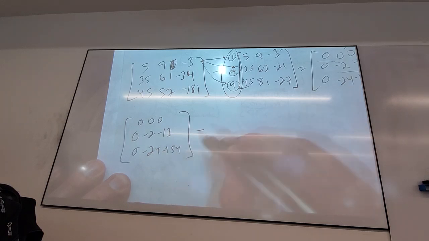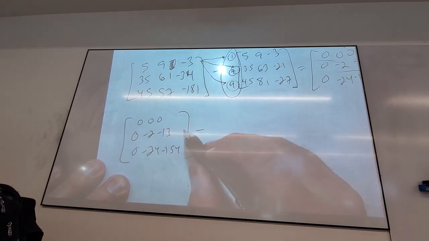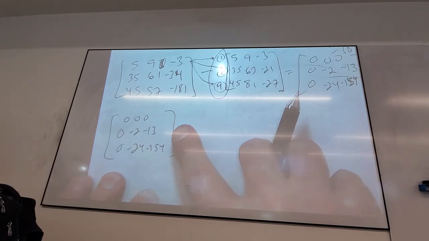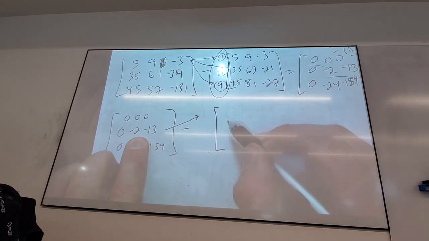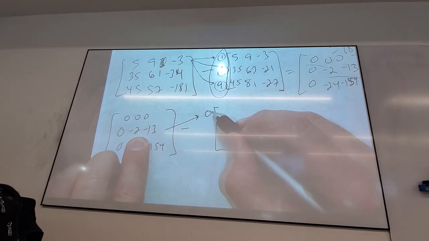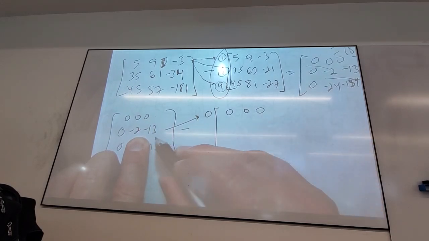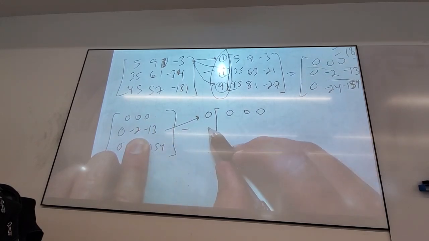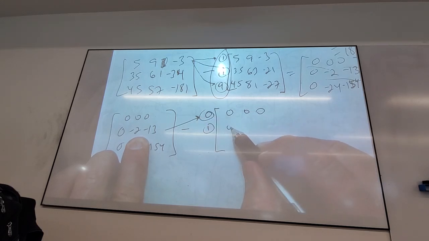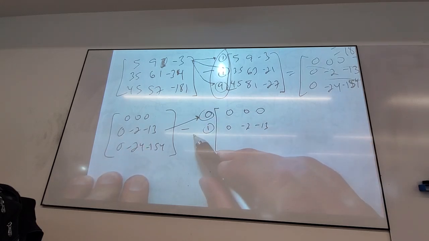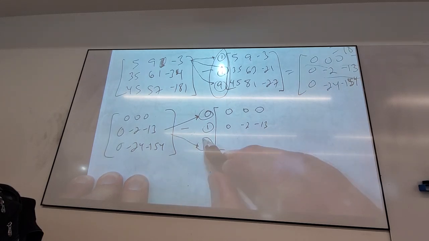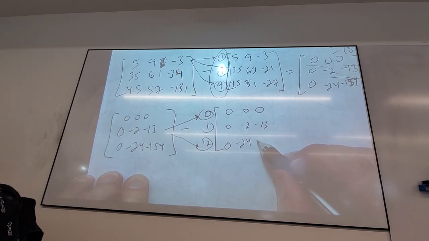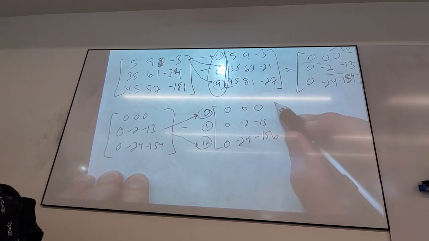Thank you. Now I'm going to focus on this row. What do I multiply it by to keep the zeros? 0. What do I multiply by to kill itself? 1. What do I multiply by to kill this guy? 12. 12 times negative 13 is 156.